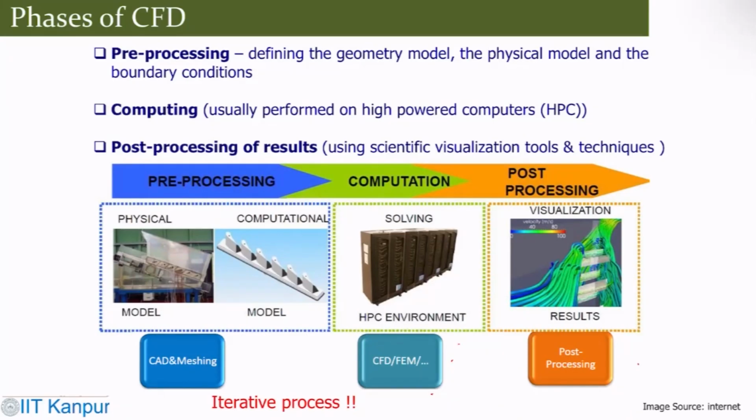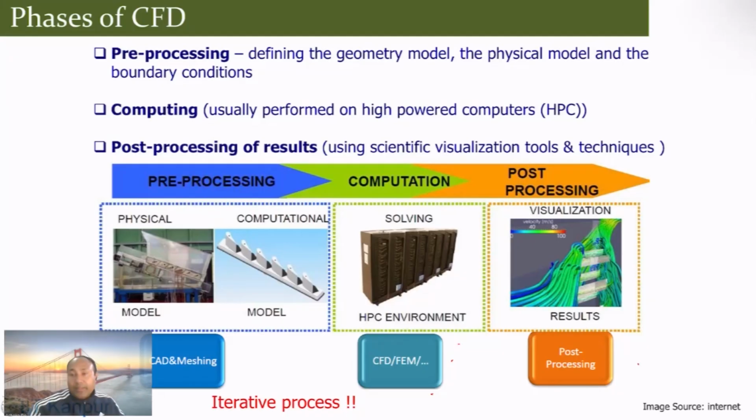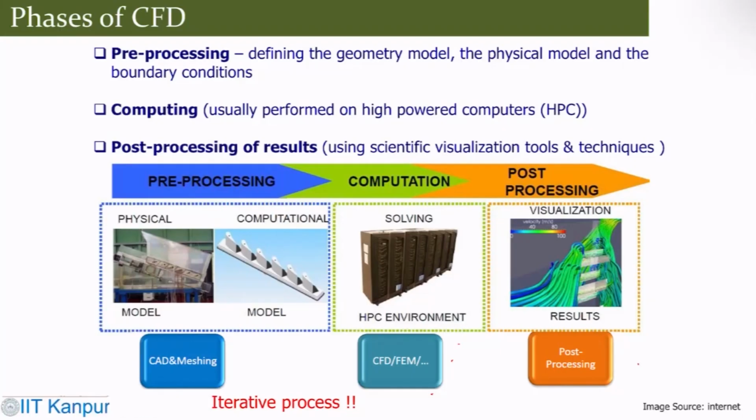That means once we get our results and the results are not good, you go back and make some corrections, and then again you redo this process. You first identify the geometry or the physical problem, then you set up the geometry. Once you set it up, you send it for the simulation. Once you simulate, you get the results to analyze. So this is how the whole process actually works.